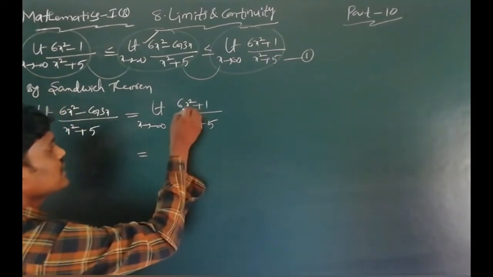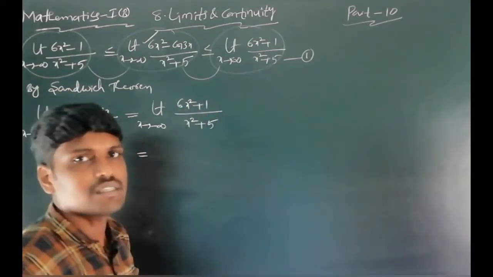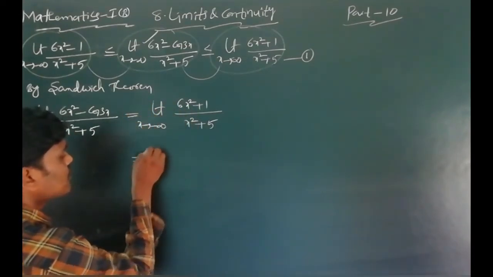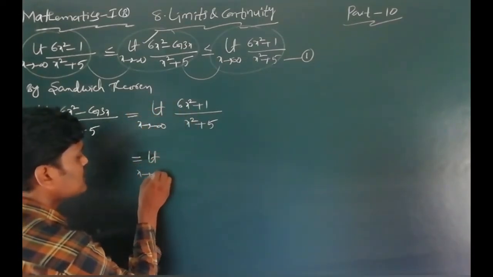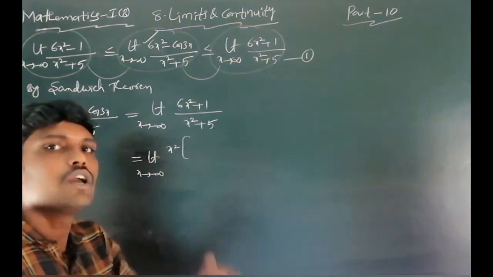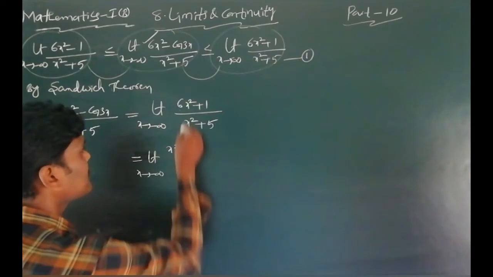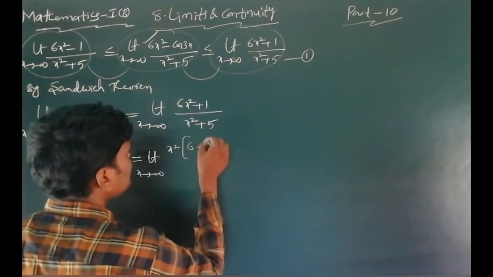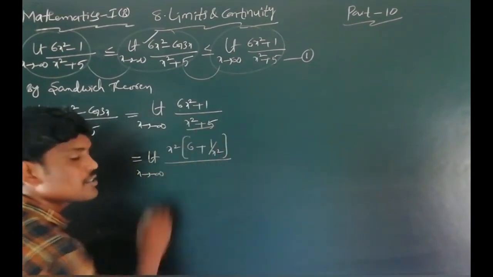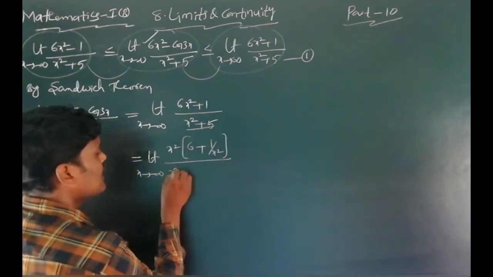After that, a simple shortcut method is applied here. What is the highest degree? Limit x tends to minus infinity, here x square is the highest degree. You can take common x square in the numerator: 6 plus 1 by x square, whole divided by, in the denominator also x square is the highest degree.